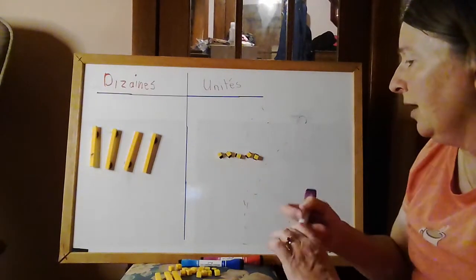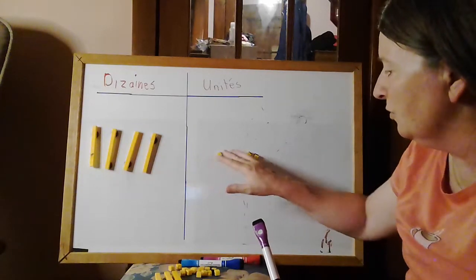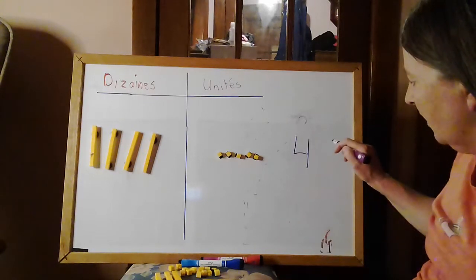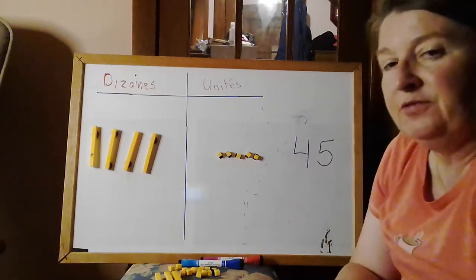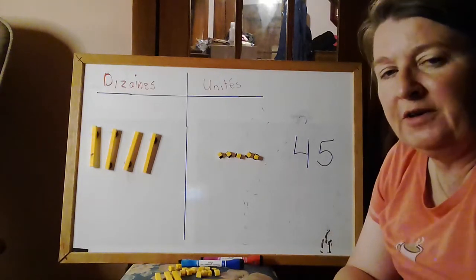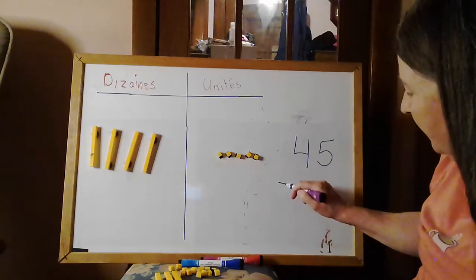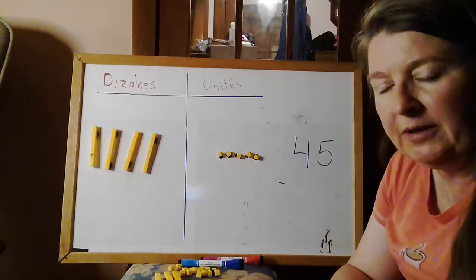Great, here we have how many blocks? 10, 20, 30, 40, 42, 44, 45. 45 pieces of gum. I am having 18 friends come to my birthday party.